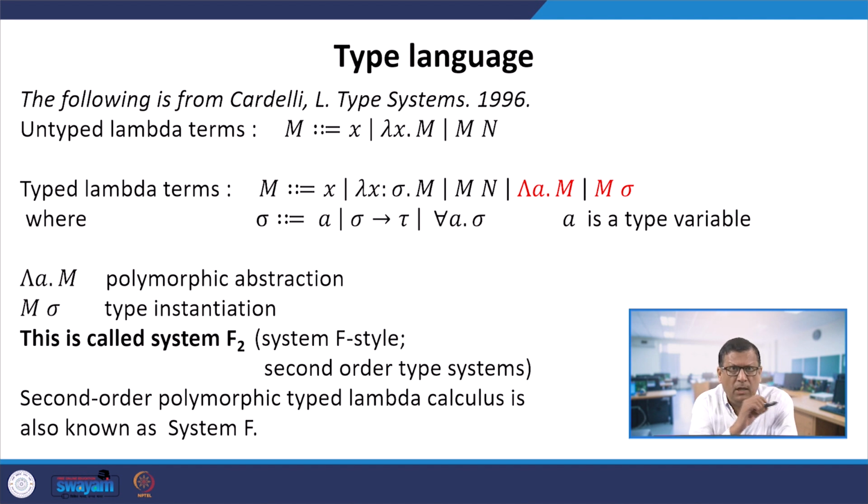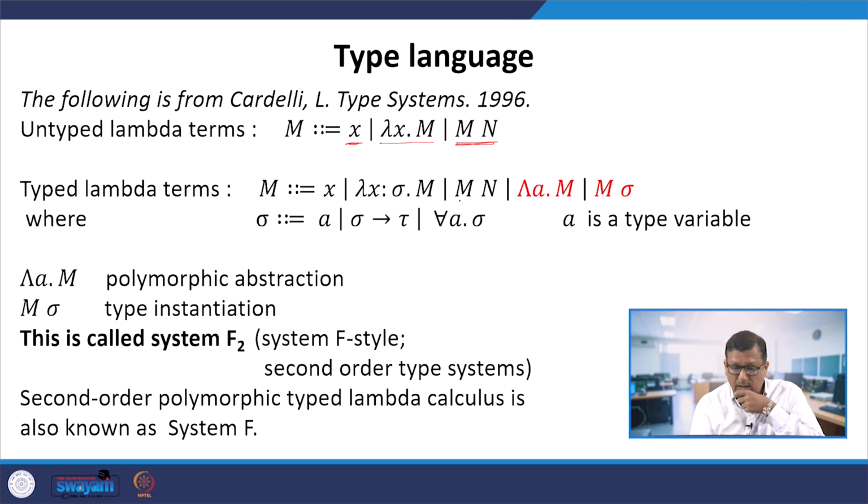Now recall that when we studied lambda terms, that means the pure untyped lambda calculus, that language was generated in this way. X is a variable, this is an abstraction, and this is application. Now when we move on to types, in system F style that we are writing, we have certain new things.